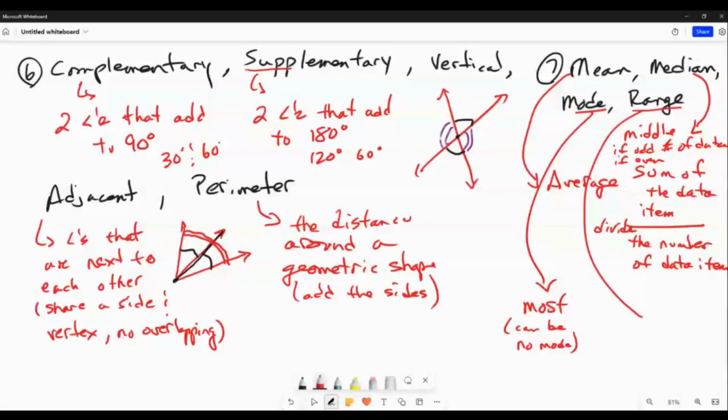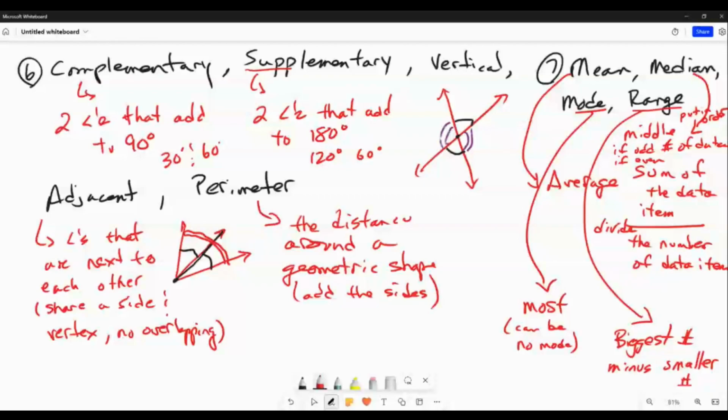And then finally, the range is just the biggest number minus the smaller number. So you look at your data set, which by the way reminds me, when we do median, I did not write, you have to put in order.